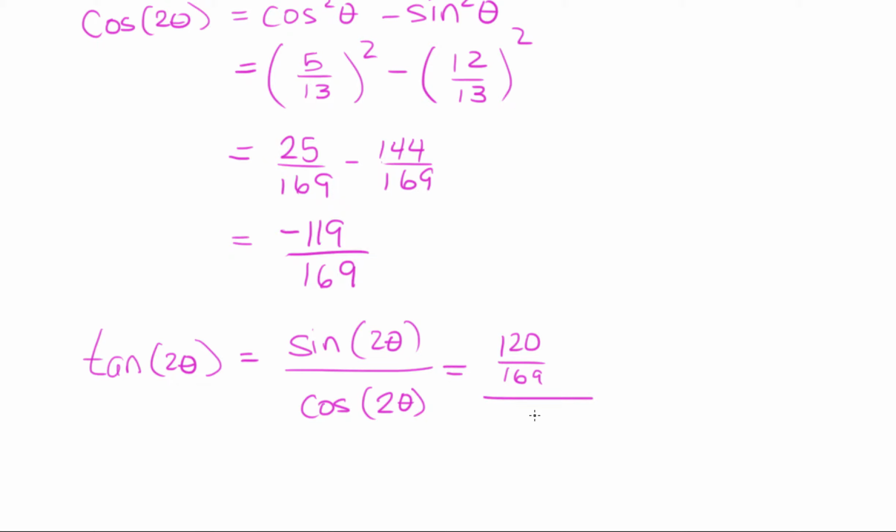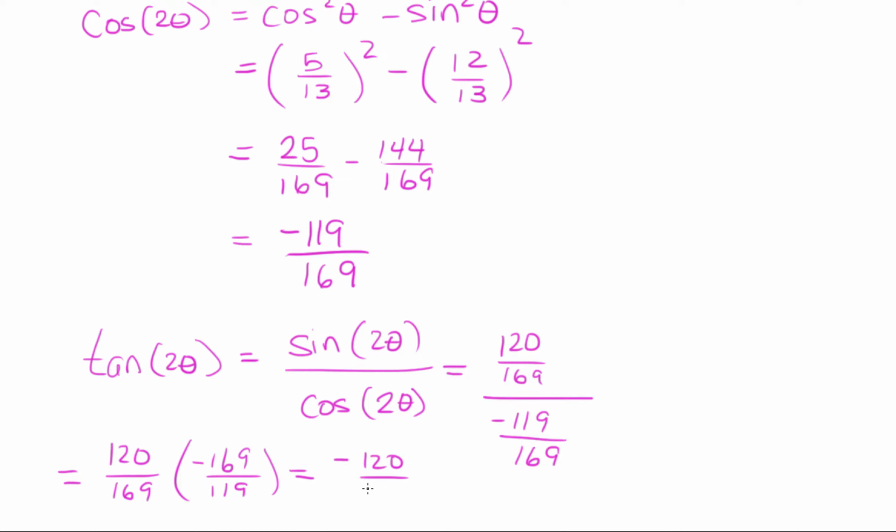And then cosine of 2 theta, which is negative 119 over 169. And that's equal to, multiply by the reciprocal of the denominator, so 120 over 169 times negative 169 over 119. Notice that 169 divided by 169 is 1, so it's going to be negative 120 over 119. And that will be the entire problem.